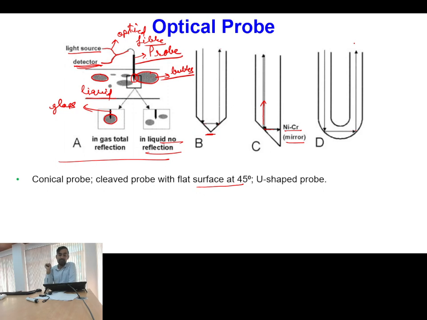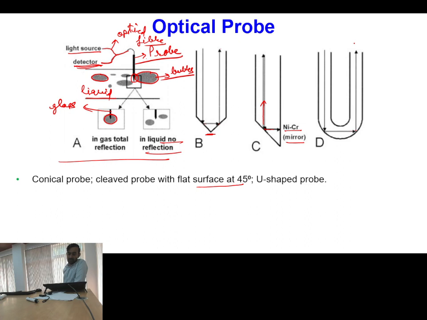But in case of this optical probe, what we are doing, we are putting a very thin glass tube, which is connected to optical fiber, and then a light source and a light detector. That particular glass tube we are inserting into the flow field. Okay, so this is nothing but a destructive method of measurement.